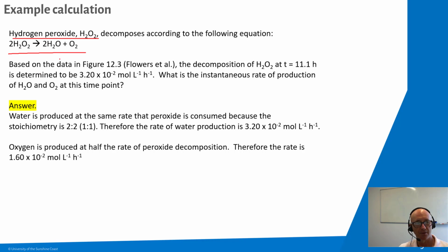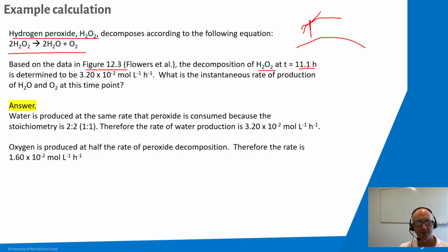And then based on the data in figure 12.3, that's your reference textbook, the decomposition of peroxide at 11.1 hours, that's just the point they picked, because of course you're going to get a curve like that, so they picked some point where they've taken the tangent to the slope of the line there.